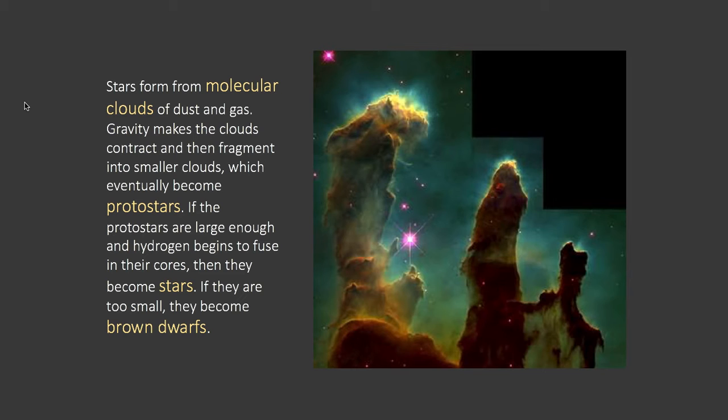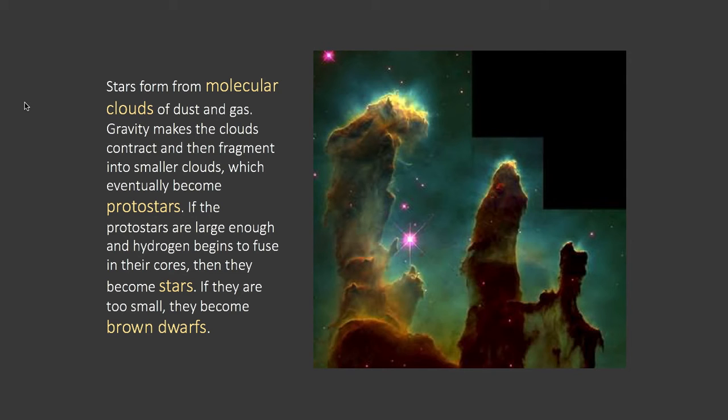Because of gravity, eventually these large clouds are going to condense. They're going to get smaller. Gravity is going to pull them in together, and that's going to make the cloud more dense. As that happens, there will be pockets that develop that are even more dense than the average. And those denser pockets are going to collect themselves and fragment the cloud into a bunch of smaller clouds.